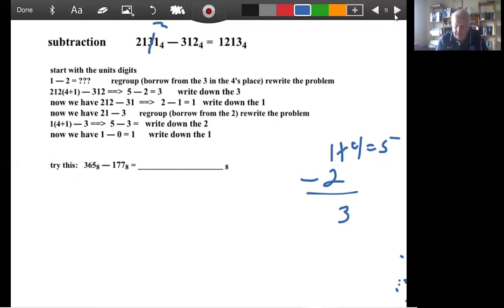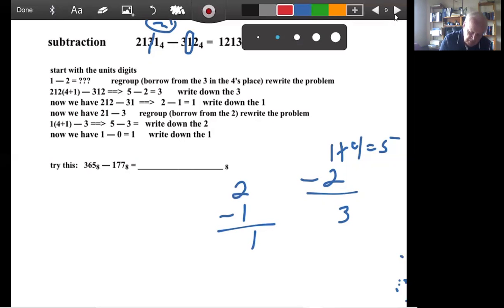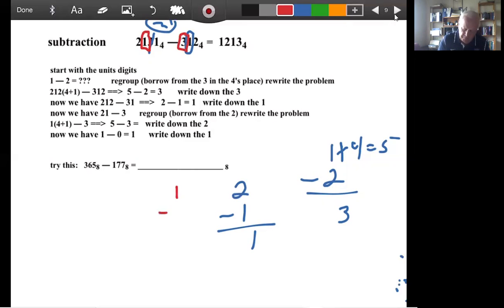Okay. Now we're going to do the next value over. We have a 2 right there, and we have a 1 right there. So now we have 2 minus 1, and that is 1, which is what it's supposed to be. Then we're going to take this 1 right here and this 3, and subtract them. But once again, we can't do that.